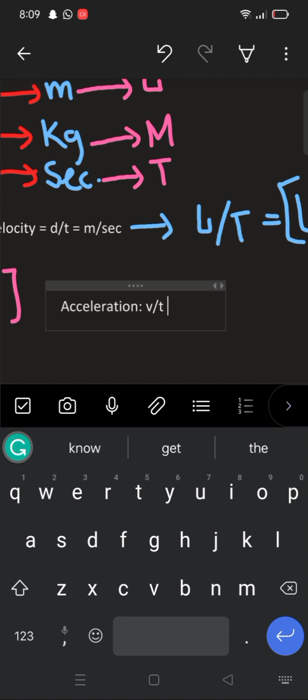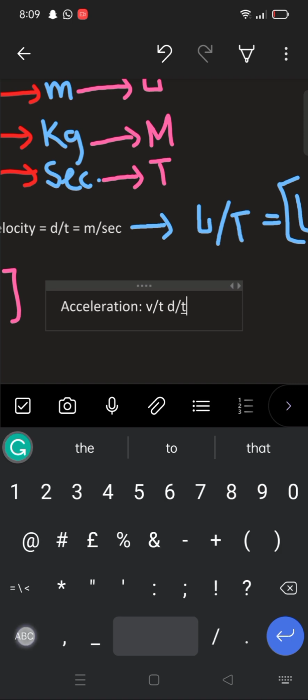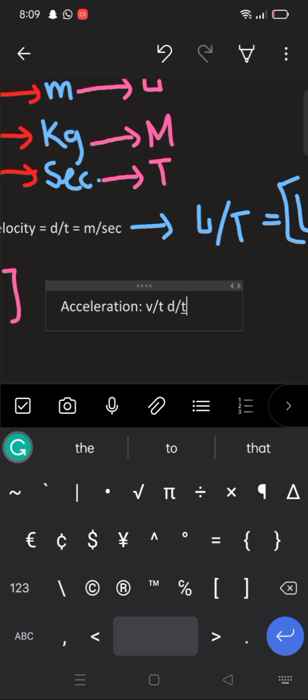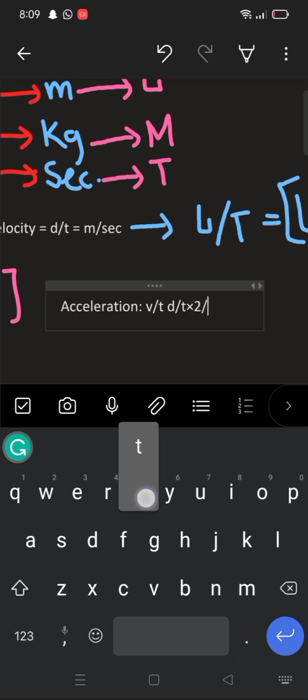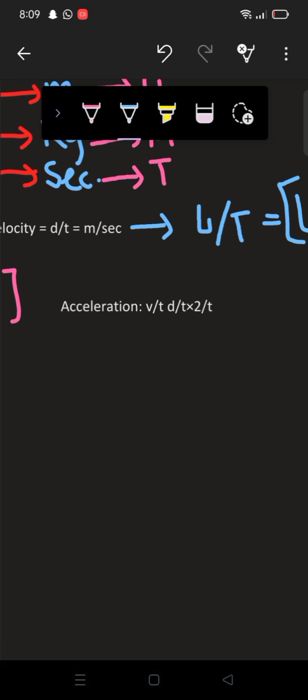And we know that velocity is basically meter per second, which means distance upon time. So let's write distance over time upon time, which means multiply by 1 over t.